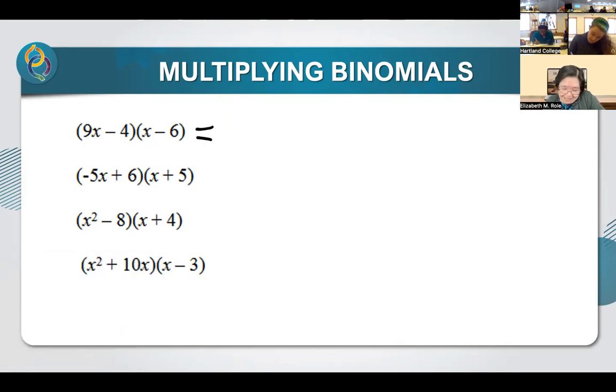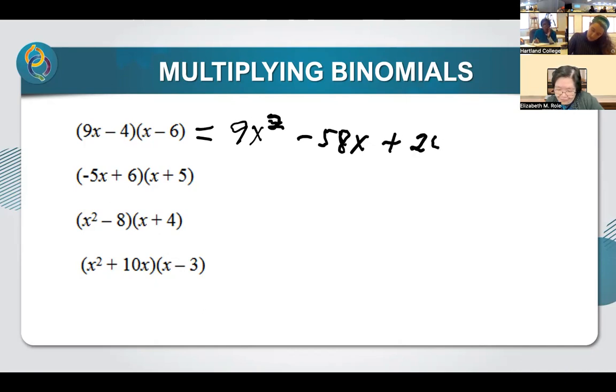I'll say that loud: 9x squared. Then the middle term. What will be now the middle term? Minus 58x. So minus 54 minus 4x is minus 58x. So that's now the difference, because using the FOIL, you know, it is easy to get the answer. And then plus 24. Okay. That's great.